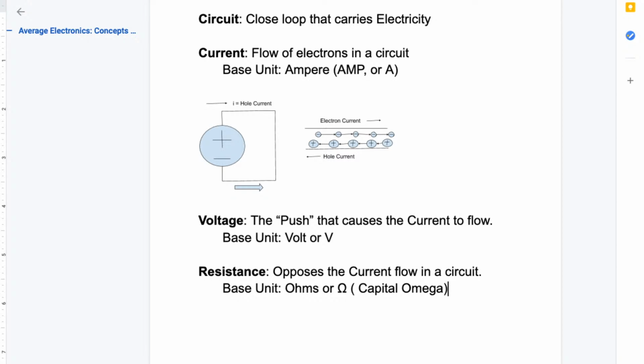It's going to be much harder to push that energy, that electricity, that force through that straw because it is much smaller in diameter, right? And so that is your resistance.